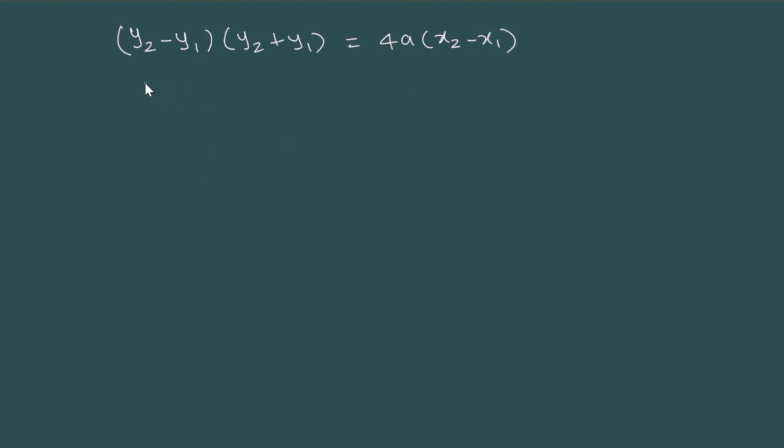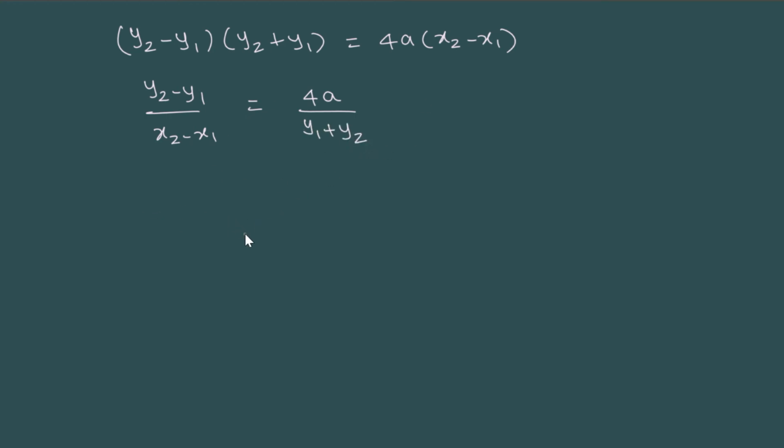So now we have the slope: y2 minus y1 by x2 minus x1 is 4a divided by y1 plus y2. So this is the slope of the secant line.